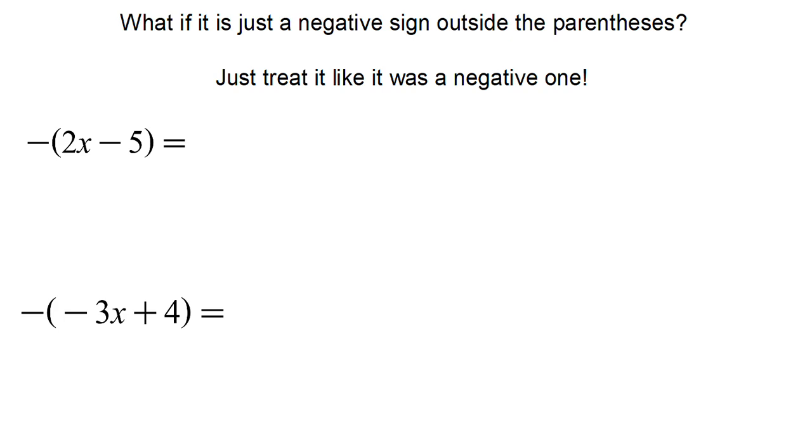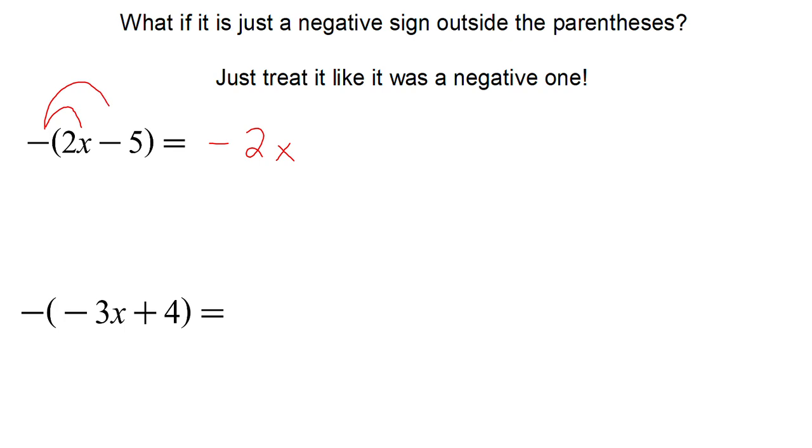So what we might see on occasion is just a negative sign in front of the parentheses. If we just have a negative sign out in front of the parentheses, that's like having a negative 1 there. You can treat it like it's a negative 1. So think about when I distribute that negative through, negative 1 times 2x is going to just be negative 2x.